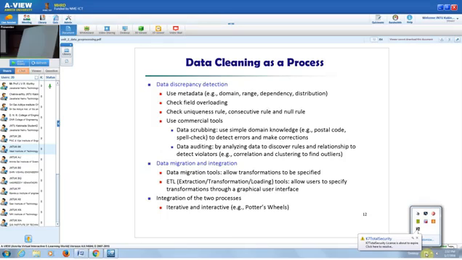Data migration tools allow transformations to be specified. In ERP and all, you have something called a data mover. When you are moving the data from one system to the other system, it will take care of all the triggers you have written.